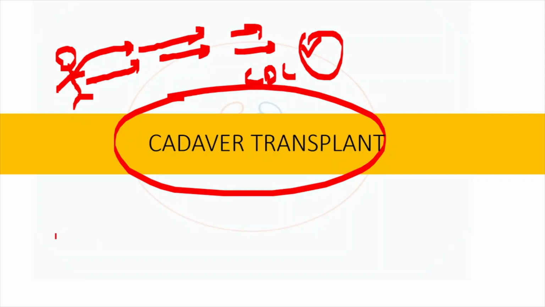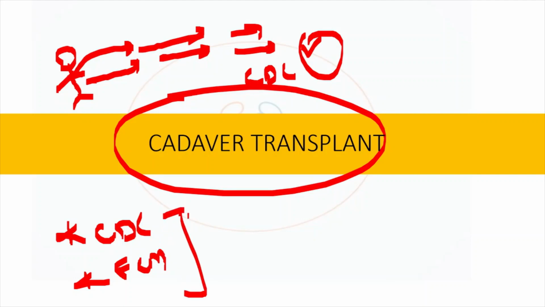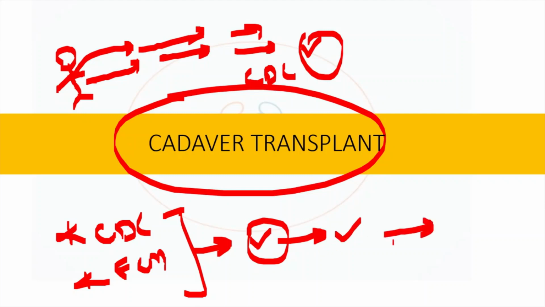But in a live transplant where we have enough time, we are preparing, we are double sure, do the CDC, do the flow cross match. Two times we are checking so that there is no HLA antibody. There is a green signal. Then you proceed to the next step or to the transplant.